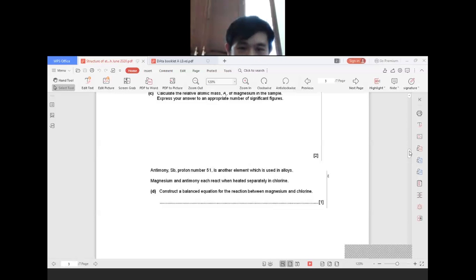Antimony, proton number 51, is another element which is used in alloys. Magnesium and antimony each react when heated separately in chlorine. Construct a balanced equation for the reaction between magnesium and chlorine.